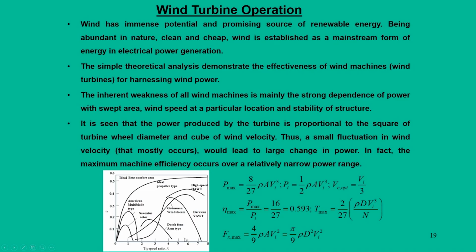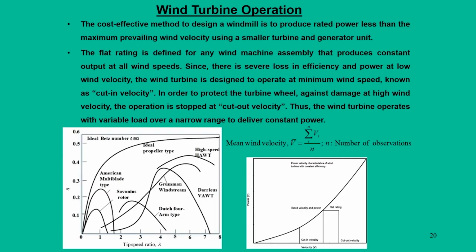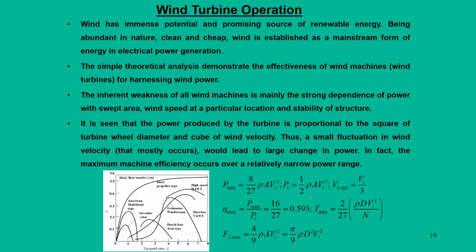And why do we say this? Because from a power generation viewpoint, we expect that the turbine should operate in a smooth manner. We have seen here that the power is a function of density, area and V to the power three, and the axial force is a function of diameter and V squared, which means any fluctuation in the velocity will have a detrimental effect on the power, as well as on the axial thrust, which denotes the stability of the structure.